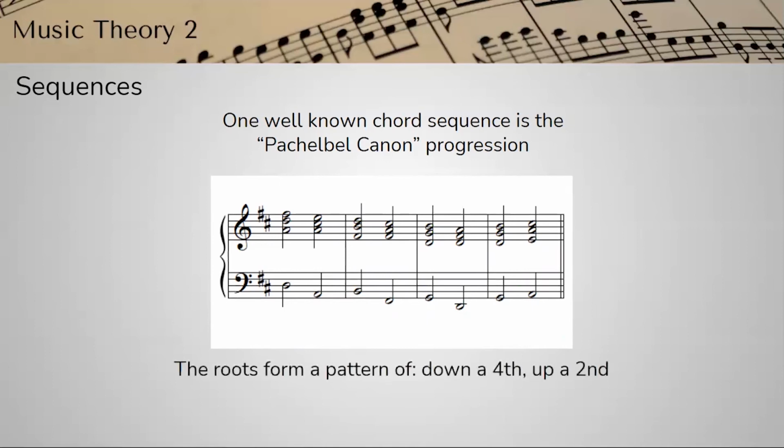So again, it's a sequence. So the pattern is a root movement that is repeated over and over again at a different pitch level. And in this case, it's the movement of down a fourth. So the first chord is D. So we go down a fourth to A, and then up a second to B minor. So that forms our sequence pattern.